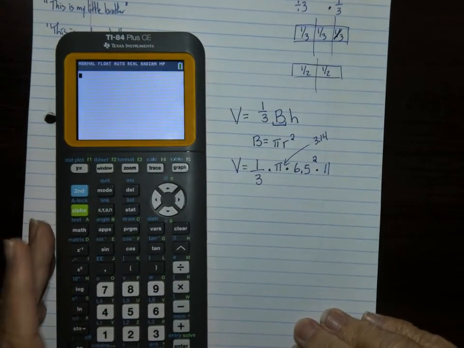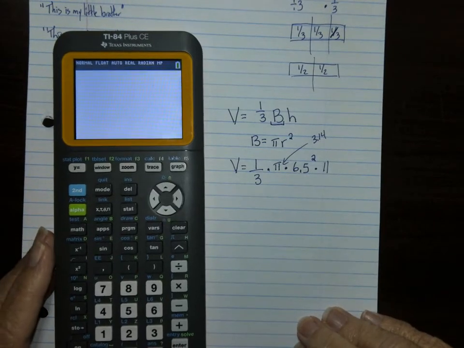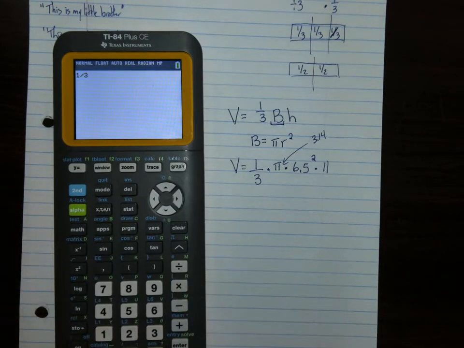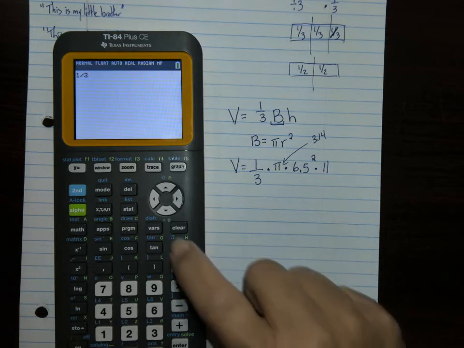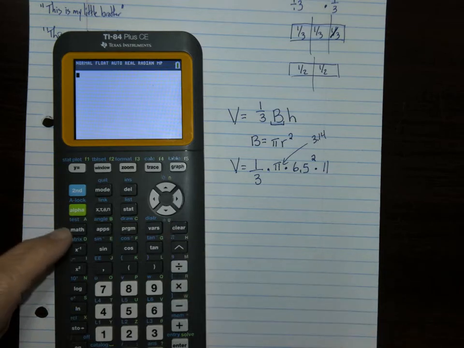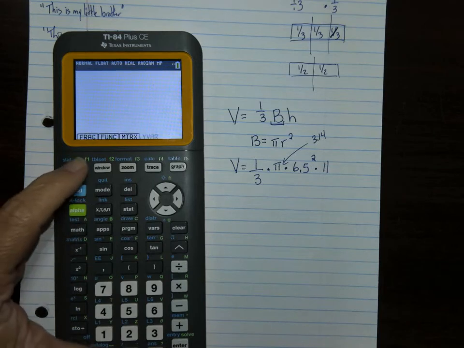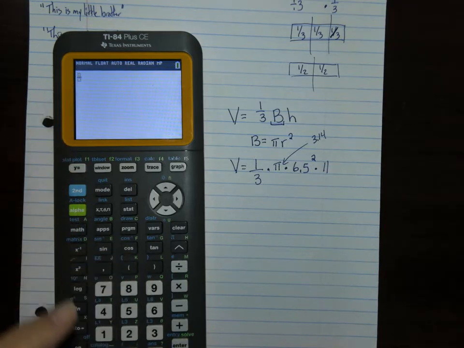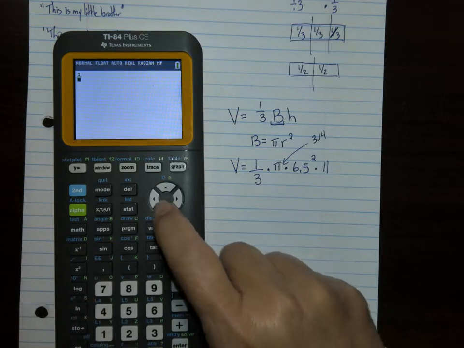Alright. One way to get 1/3 on your calculator is just to do 1 divided by 3. That's 1/3. Okay? Another way is you can do alpha y equals, and it'll make your little fraction box for you. Some of you like it better to be like that.